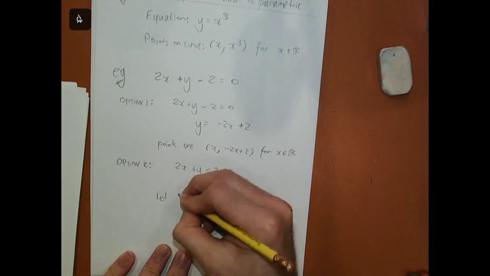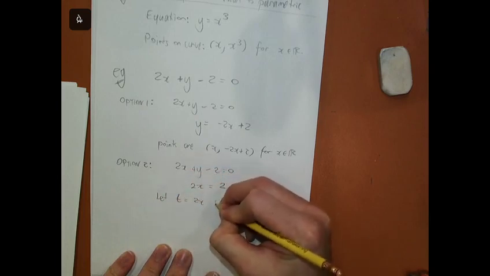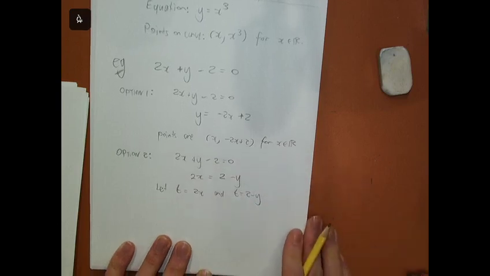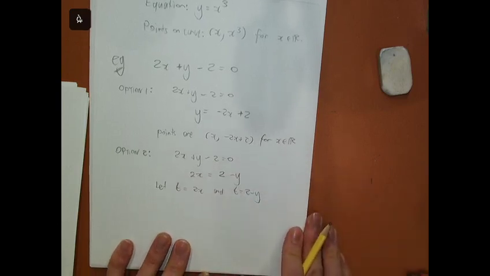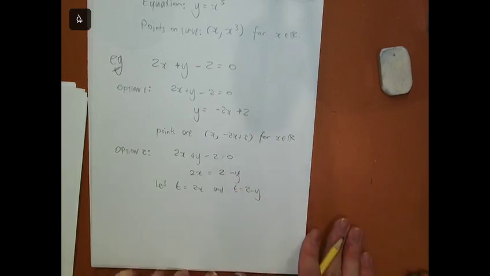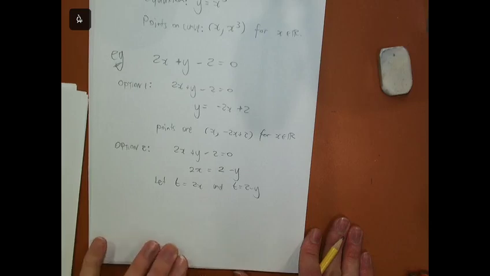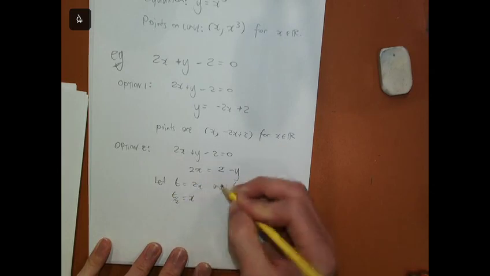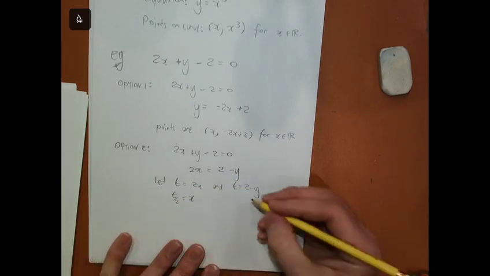So let t be equal to 2x and simultaneously 2 minus y. Because 2x and 2 minus y, those two numbers are the same number, and I'll call that number t. And then I can rearrange that to figure out what the x-coordinate and the y-coordinate are in terms of t. So let's see, we've got t on 2 equals x. So the x-coordinate is t divided by 2.